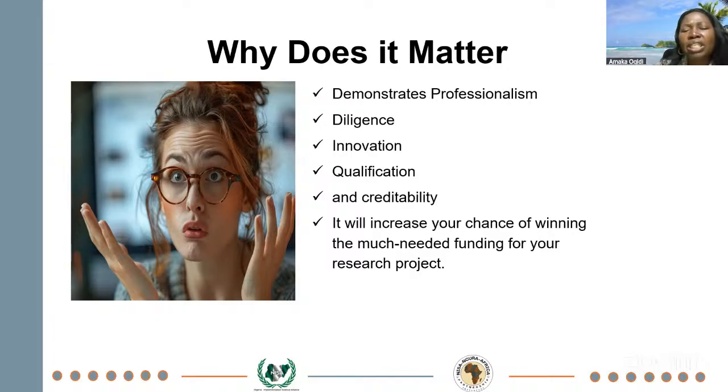Now, it also depicts that you are qualified in the field you are practicing. It depicts credibility, even for your scientist, your investigator that you want to project. Remember, doing that is helping your investigator to sell his idea, his credibility, his professionalism to the funder.